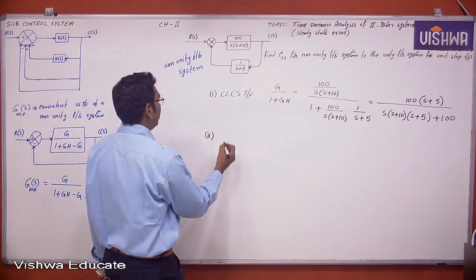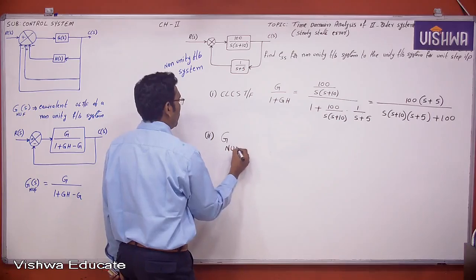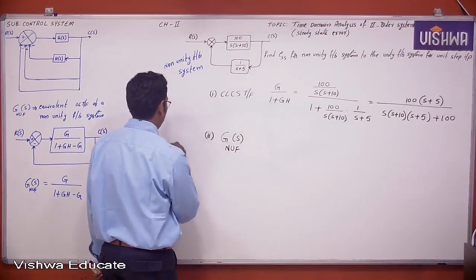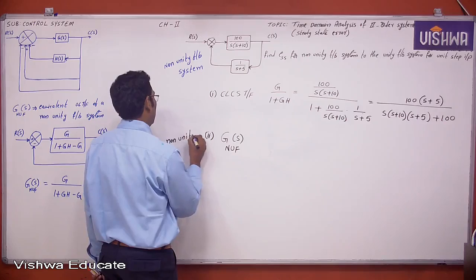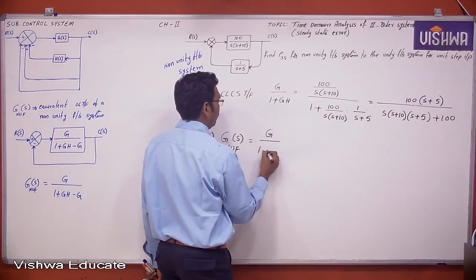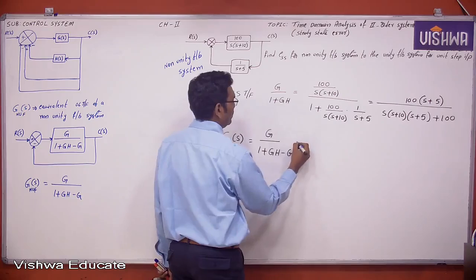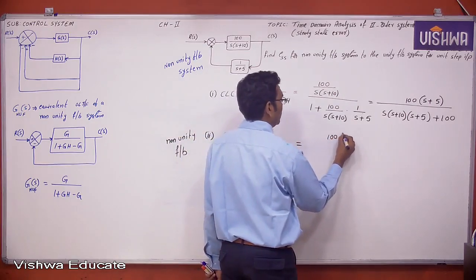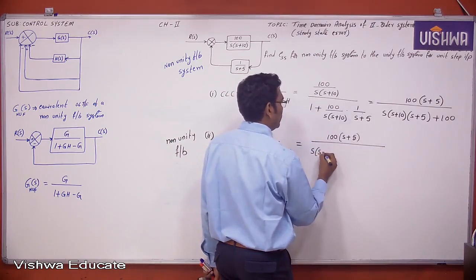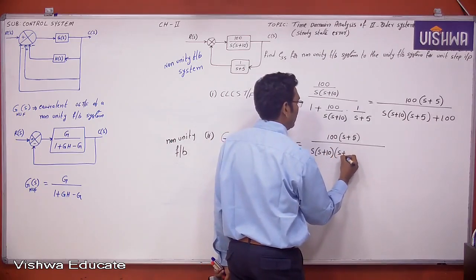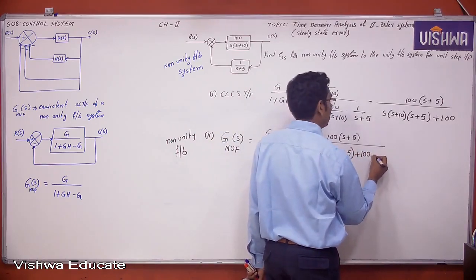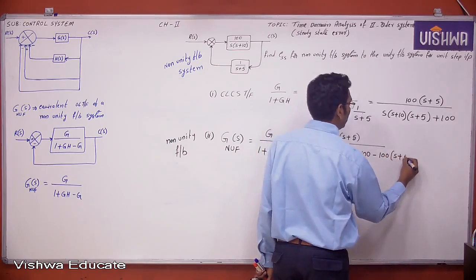Now you convert it into the unity feedback system. Then the unity feedback open loop control system transfer function, the forward path gain, is G by 1 plus GH minus G, which is nothing but the same thing, 100 into (s plus 5) by s into (s plus 10) into (s plus 5) plus 100, minus G. Minus G means minus 100 into (s plus 5).